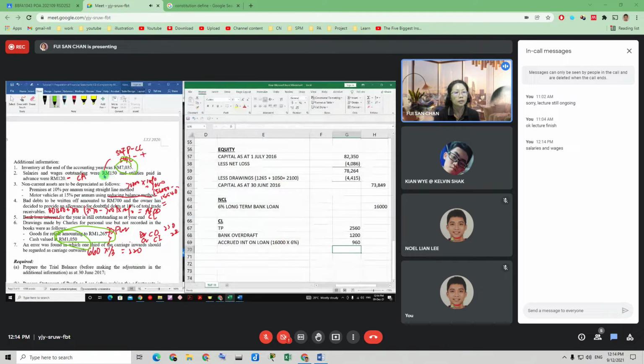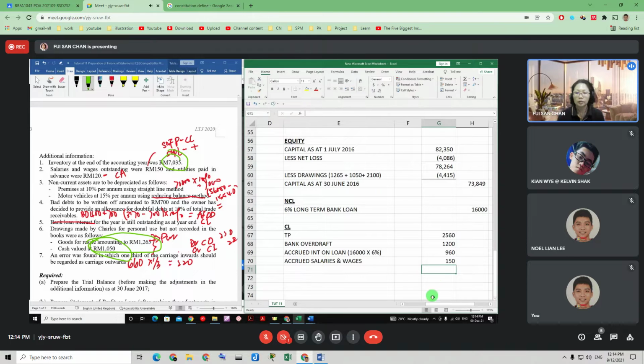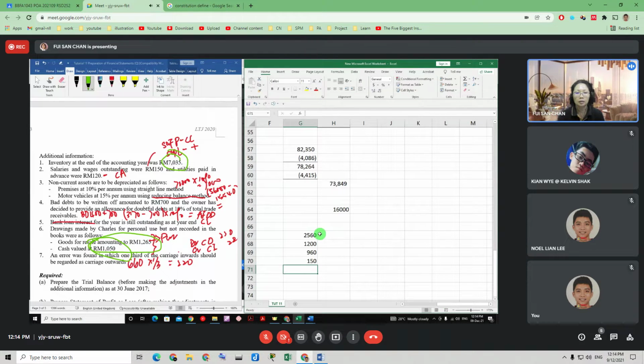This one outstanding, right? 150. Already incurred but haven't paid. Accrued. So this one. Okay, that's all. Let's see. Can we get it balanced?